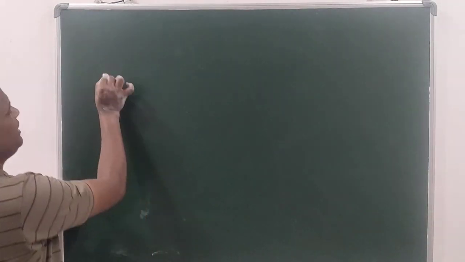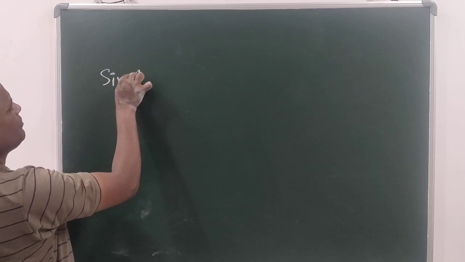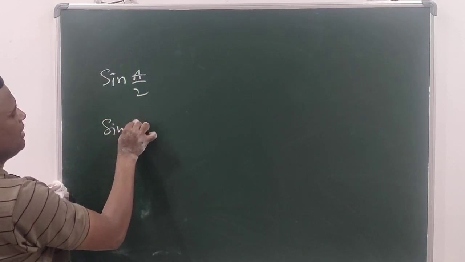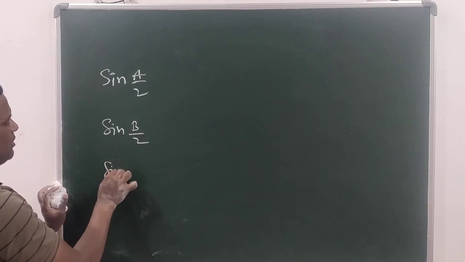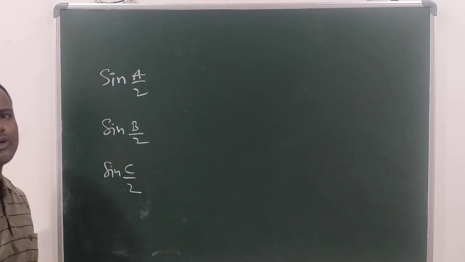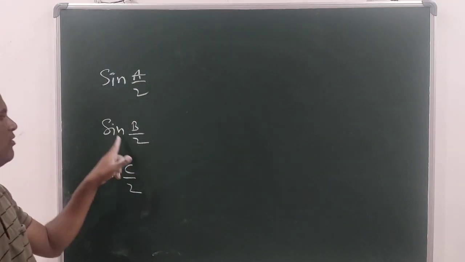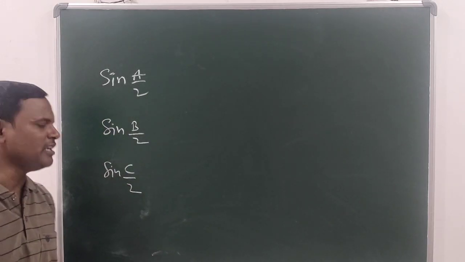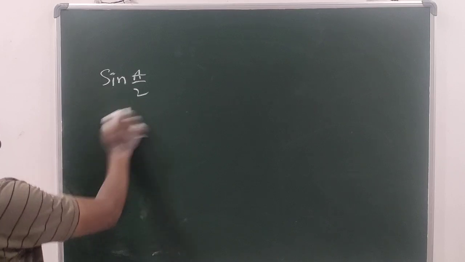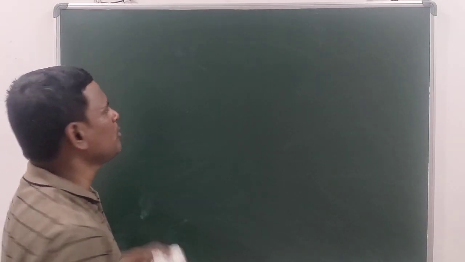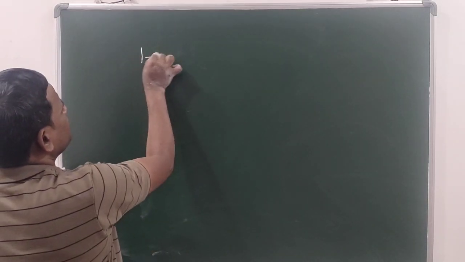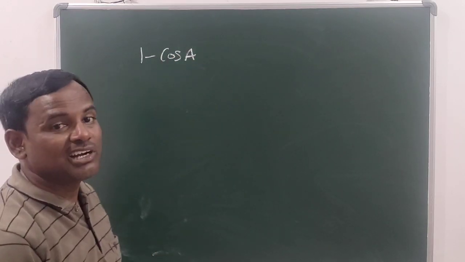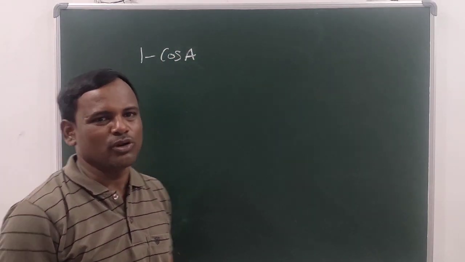So now let us define half angle of sine, that is sine A by 2, because A is one of the interior angles of triangle ABC, and sine B by 2, sine C by 2. Now I am going to write formulas for these three. To prove this, for sine A by 2, I would like to take the relation 1 minus cos A, which you learnt in the submultiples of trigonometry.